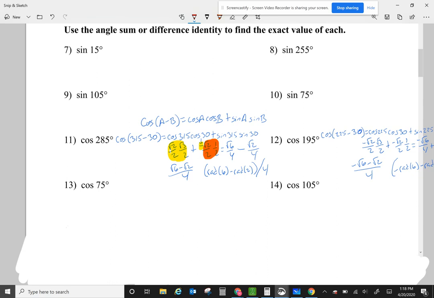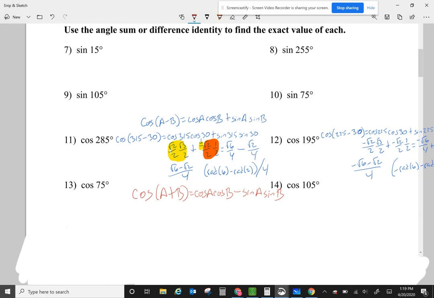Remember, I'm looking at cosine of A plus B. The formula is cosine of A, cosine of B, minus sine of A, sine of B.